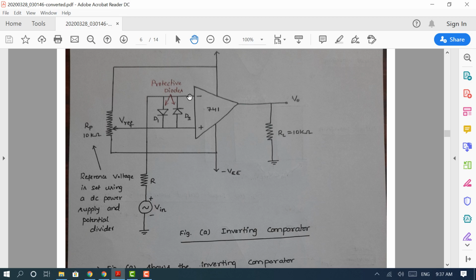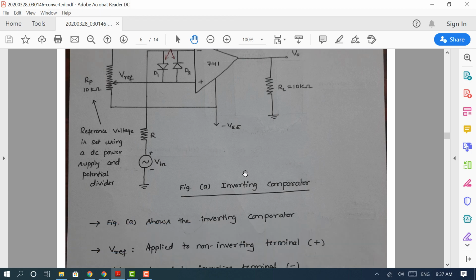When V in is less than the reference voltage, output will be driven into positive saturation, because the input is less and the reference voltage is larger. Conversely, if the input is larger than the reference voltage, the output will be driven into minus Vsat.